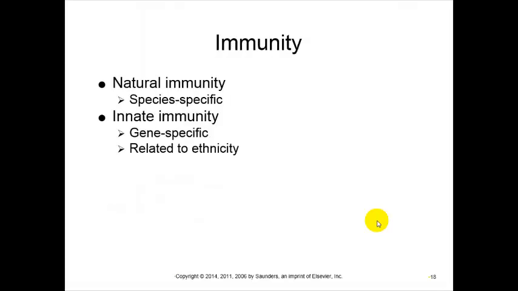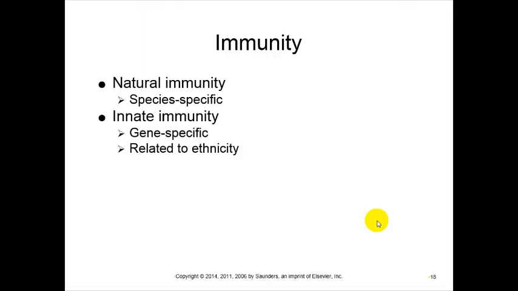Okay, and we can talk about immunity a few different ways. One way of talking about immunity is natural immunity, which is just our natural predisposition as the human species not to get a virus that affects cats, for example.